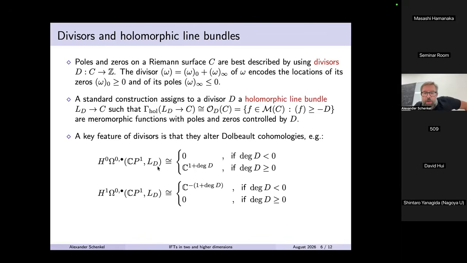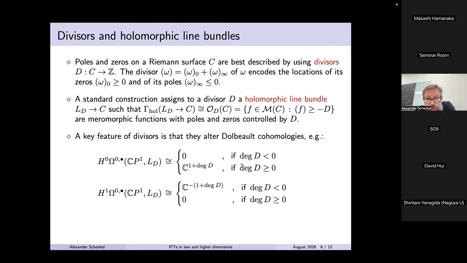And you see now that the homologies sensitively depend on details of the divisor, in particular on the degree of the divisor. The degree of the divisor is the sum over all its values. So it kind of tells you number of zeros minus number of poles weighted by multiplicity. So you see that the Dolbeault homologies change drastically on the divisor.